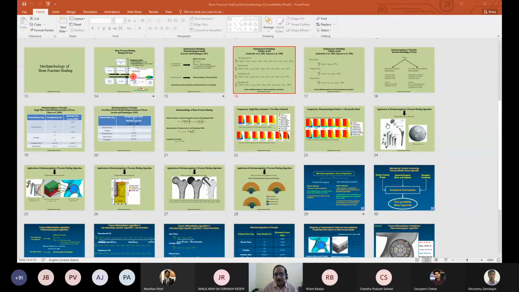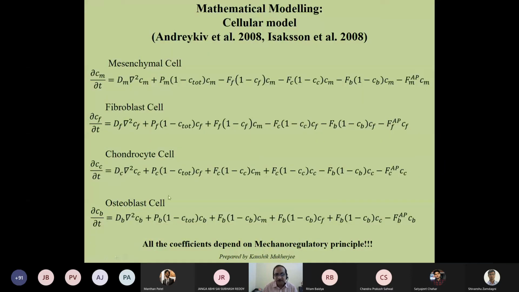I'm going back to the presentation. So we can write down the mathematical modeling of the biological events of migration, proliferation, and cell differentiation, as well as cell apoptosis, cell death, by these partial differential equations.